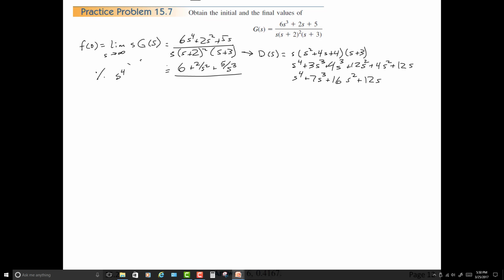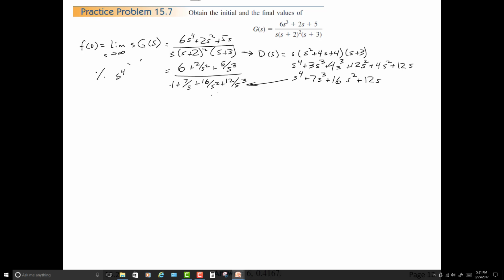Okay, so that will all fit, rather than recopy it. This whole term will go back under here. It isn't going to matter because we're going to divide it by s to the fourth. And I'll put the divided term in here, so that's 1 plus 7 over s plus 16 over s squared plus 12 over s cubed.